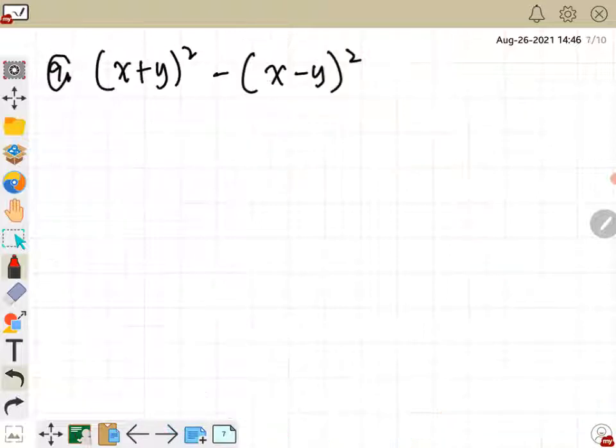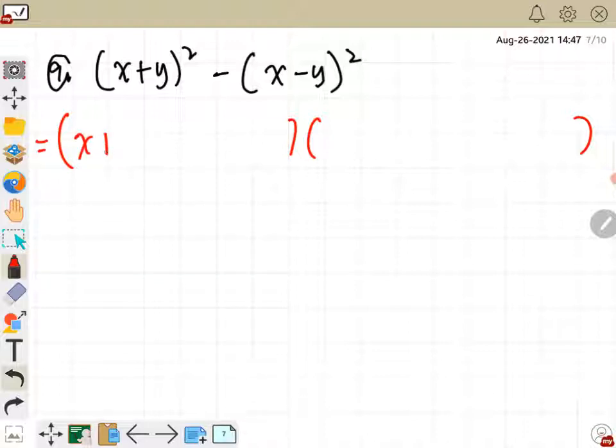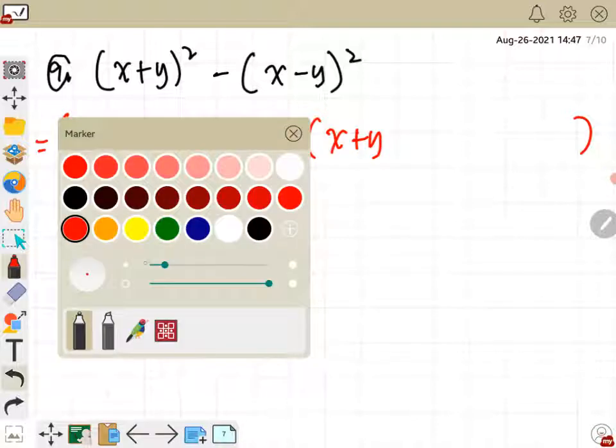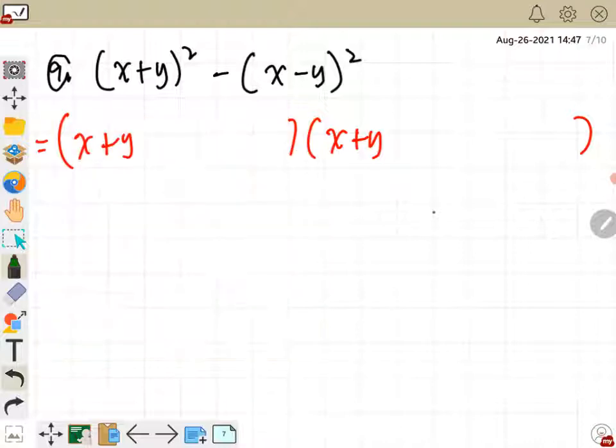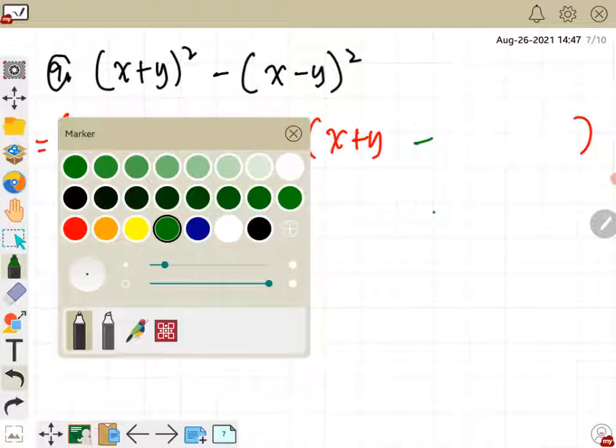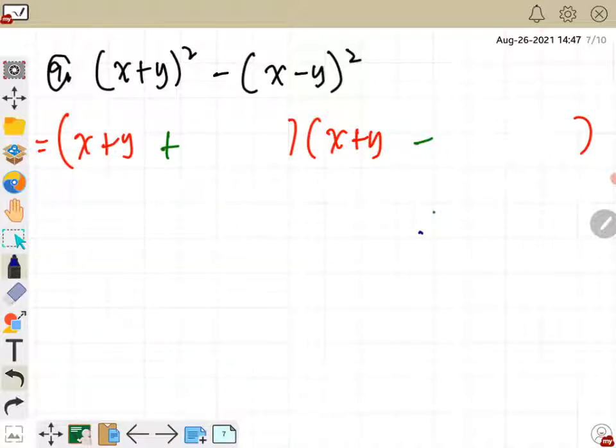Number 9, we have this one. It's the same idea as 7 and 8. So we have (x plus y) squared, so that's x plus y here, x plus y here. Then plus and minus. Then the other is x minus y.